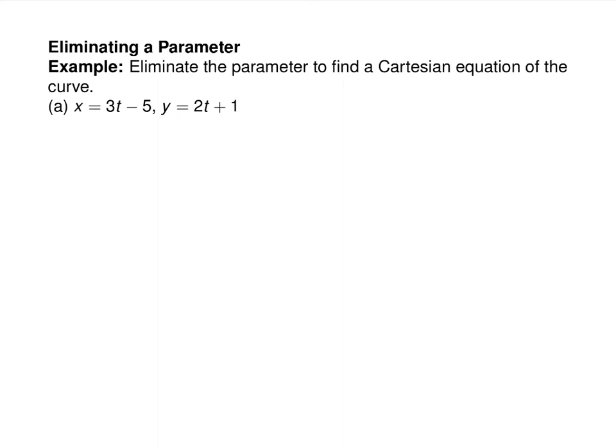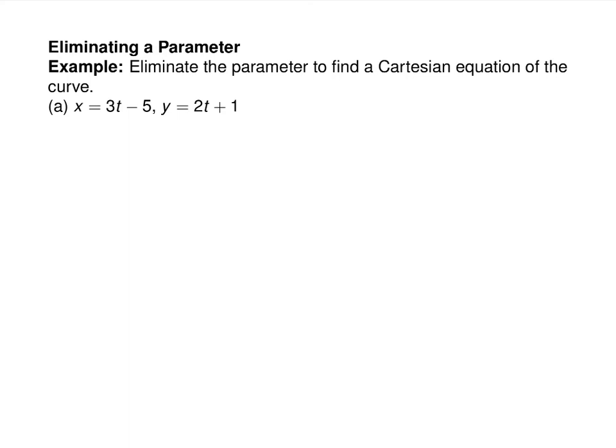So in some earlier examples, we were able to sort of figure out what the curve was related to by writing it as a regular Cartesian curve by getting rid of the parameter using the relationship. That's called eliminating the parameter, and how you figure this out is you can try to solve this equation for t and then plug it back in.